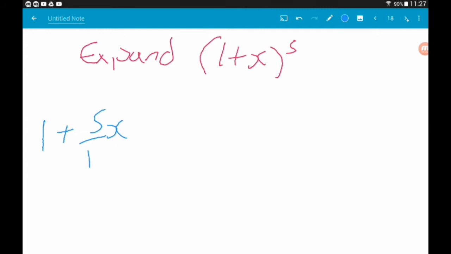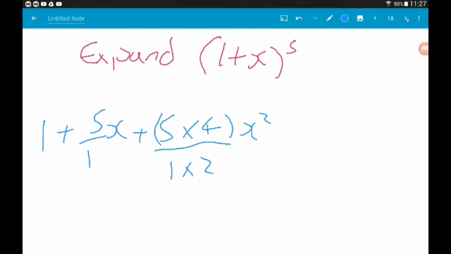Then our third term, well, that's going to be 5 times (5 minus 1), which is 4. So 5 times 4, and then on the bottom, we're going to have 1 times 2. And that is our x squared term.